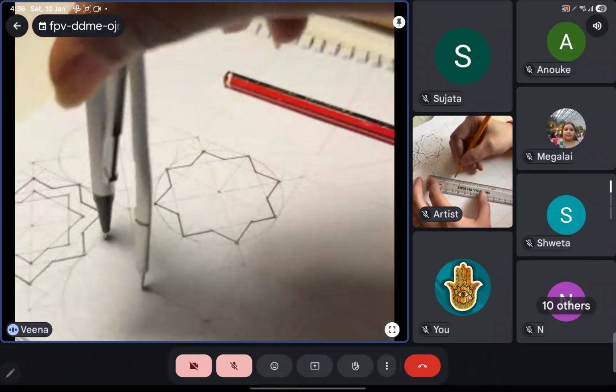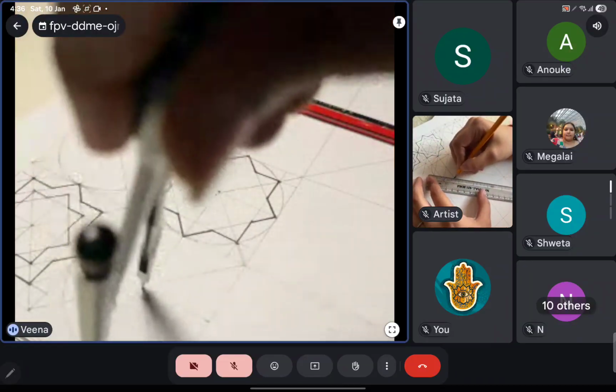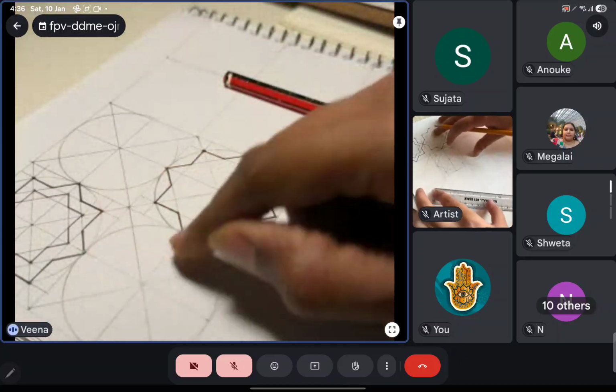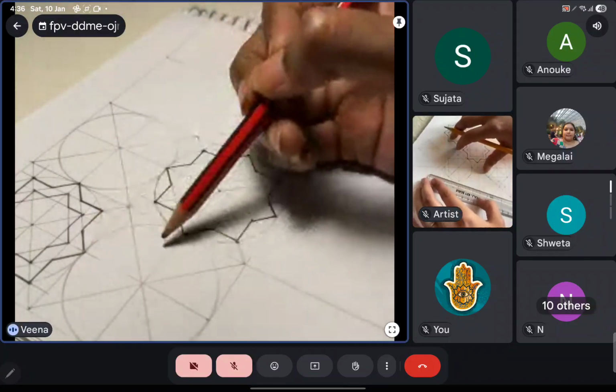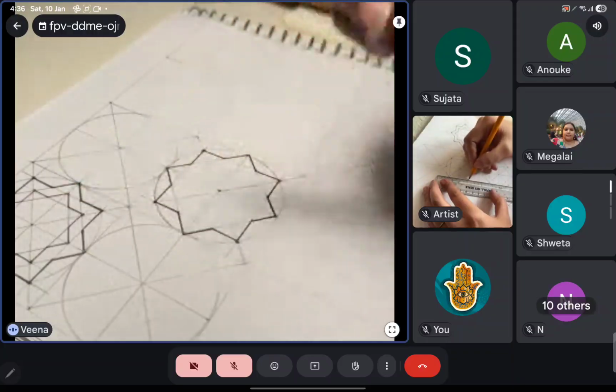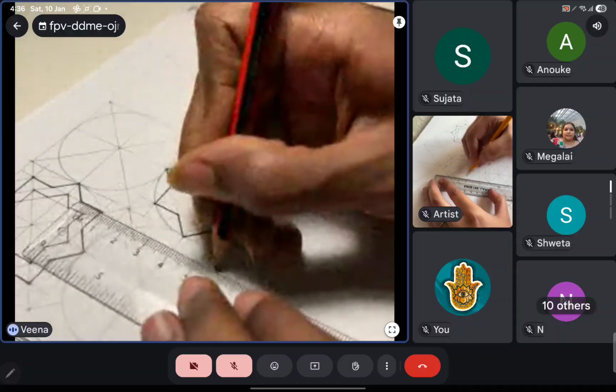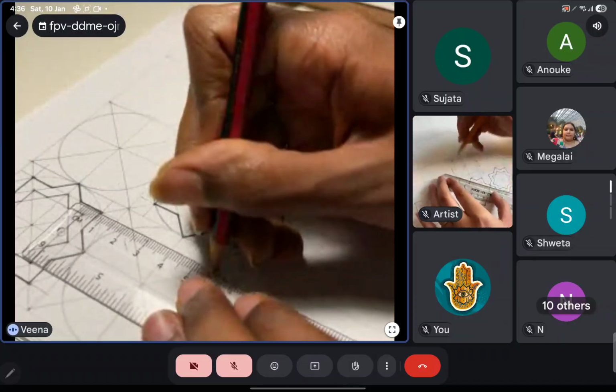So now the beauty of this is that when you construct these four, you can see that there'll be another pattern that will be formed because of this composition, right? So we'll just understand that in a minute.